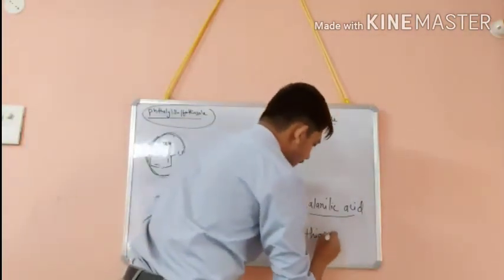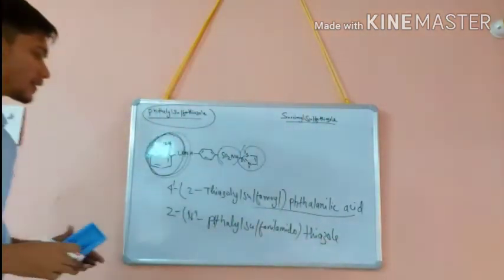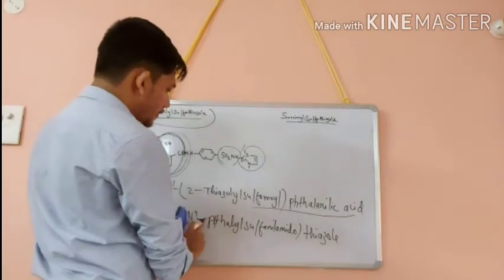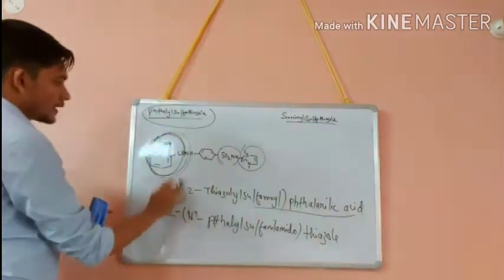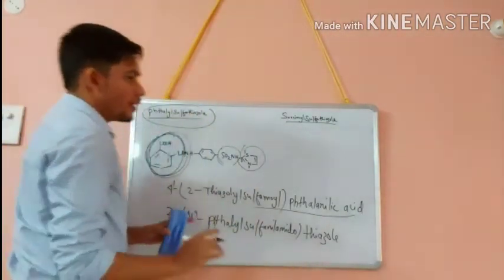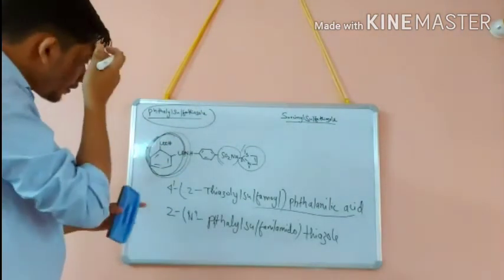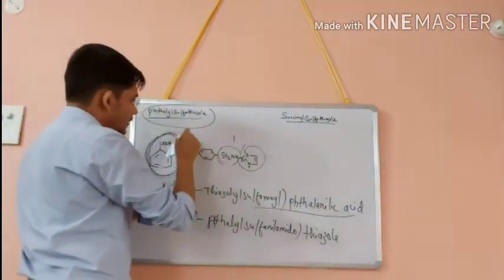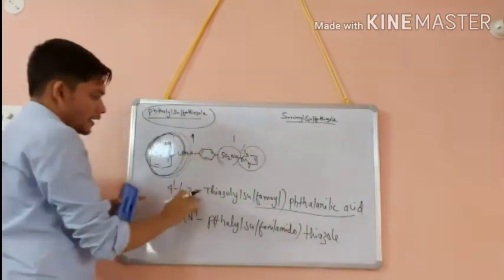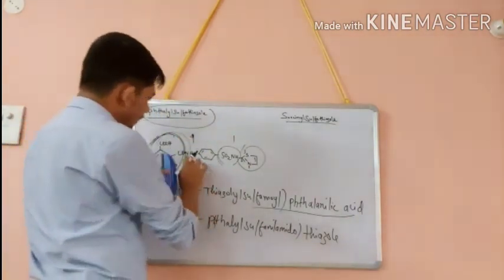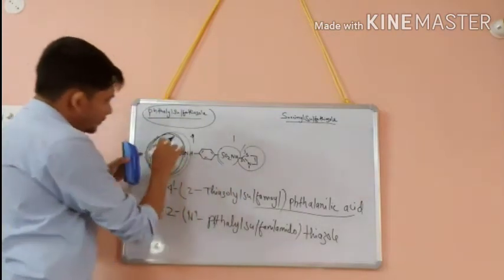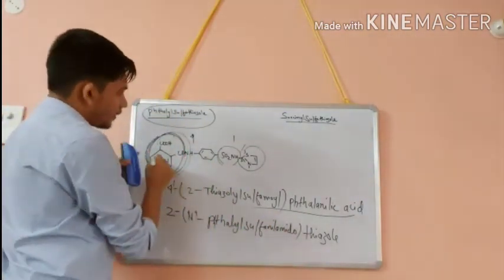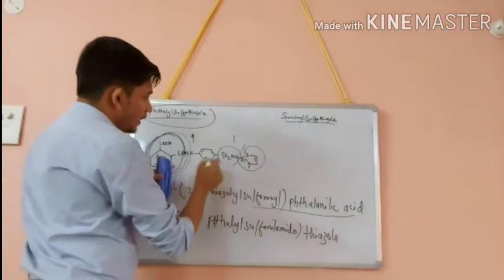So this is another name of this compound. N4 phthalylsulfanilamido: as I discussed in the previous video, this N is the first N and this N is the fourth N. So N4 has phthalyl, and the overall structure is sulfanilamide.